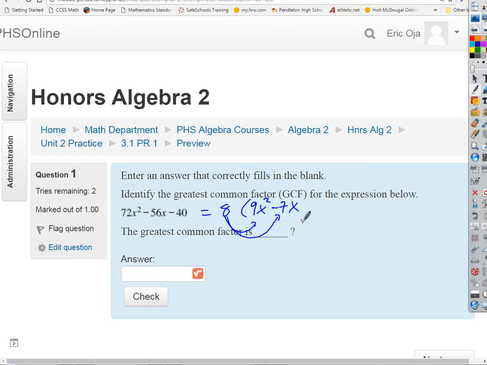And then 8 times what is negative 40? Negative 5. So we got the expression 8 times the quantity 9x squared minus 7x minus 5. So 8 is our greatest common factor if there's nothing else I could undistribute, and there's not. There's no number that divides evenly into 9, 7, and 5, and so we're done. The greatest common factor is 8. Okay?